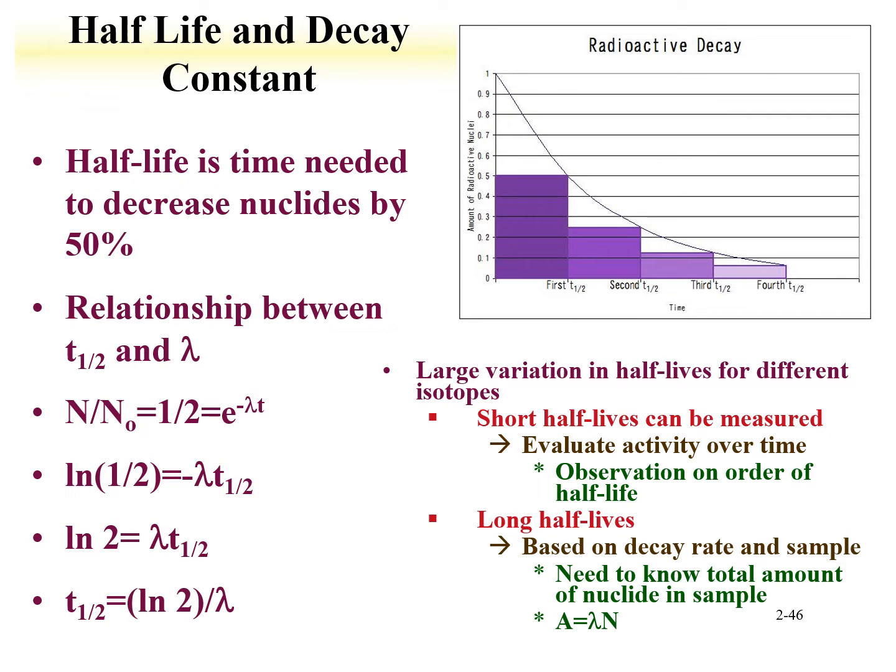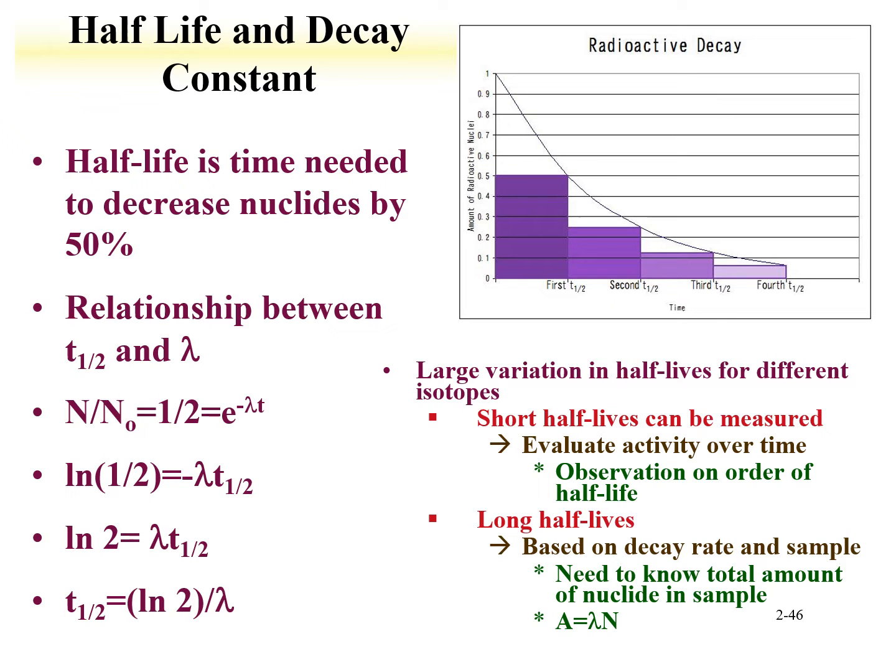Let's take the natural log of 1/2, which is equal to minus lambda times the half-life, because that's the amount of time it takes for this relationship to occur. So in 1 half-life, this ratio should be 0.5. Then log 2 is equal to lambda times the half-life, and the half-life is equal to log 2 divided by lambda, or lambda is equal to log 2 divided by the half-life, as we already defined.